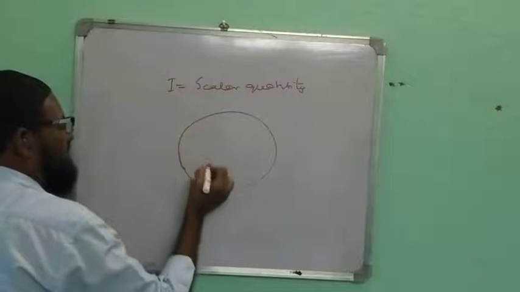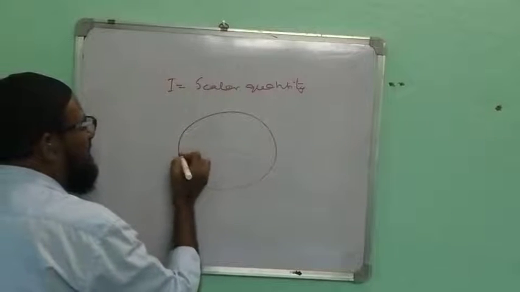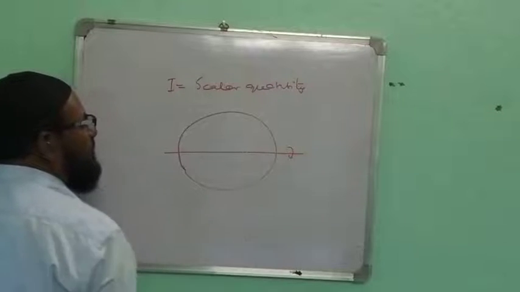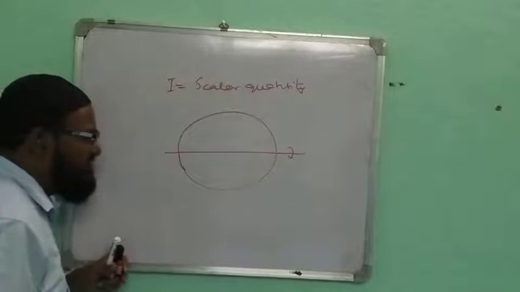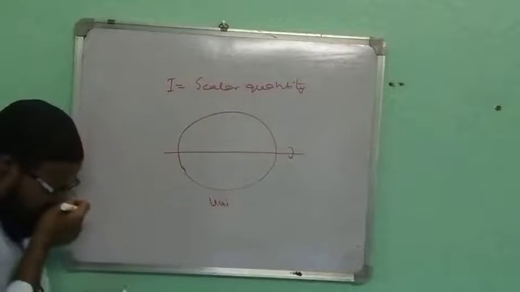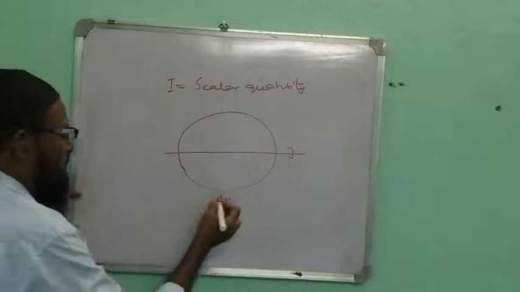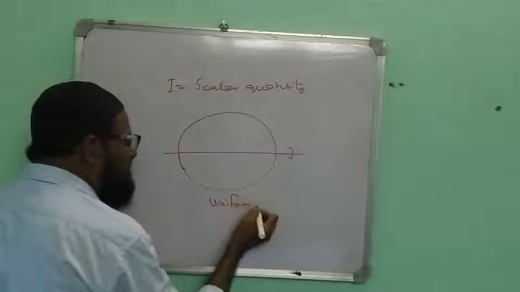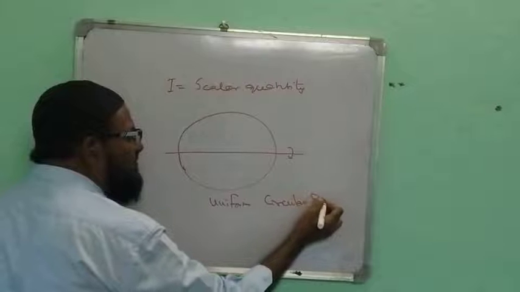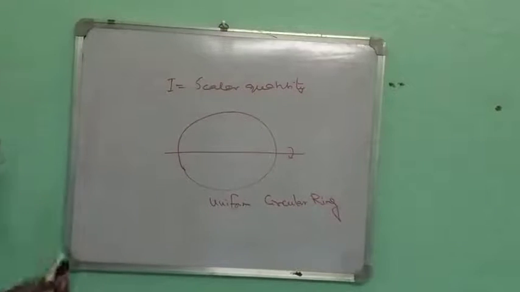Now I am giving one question. Suppose this is a uniform circular ring.